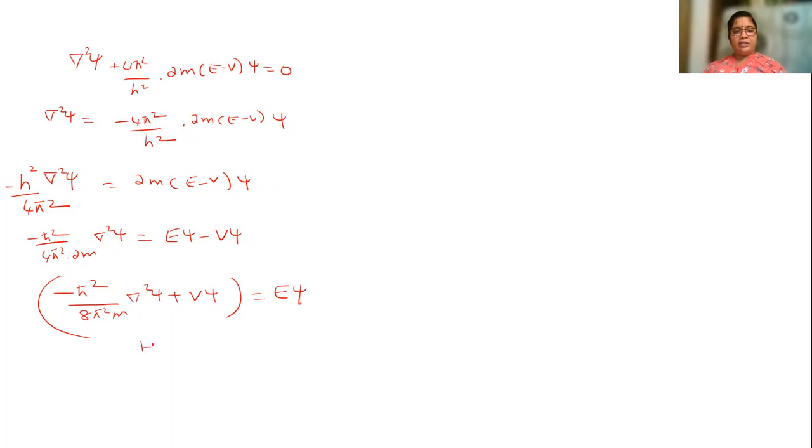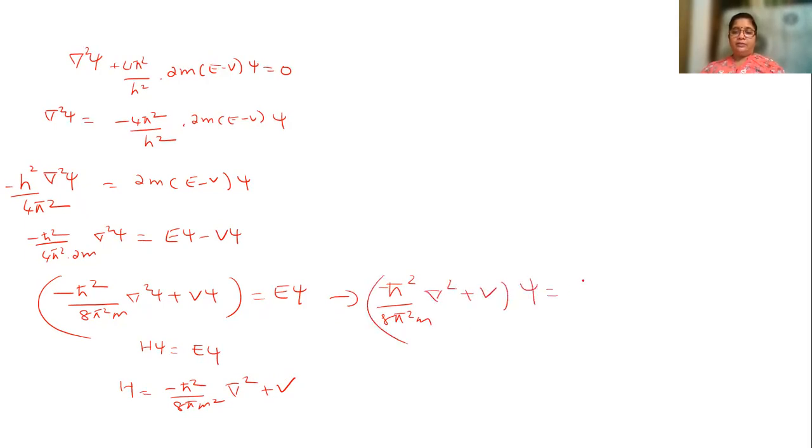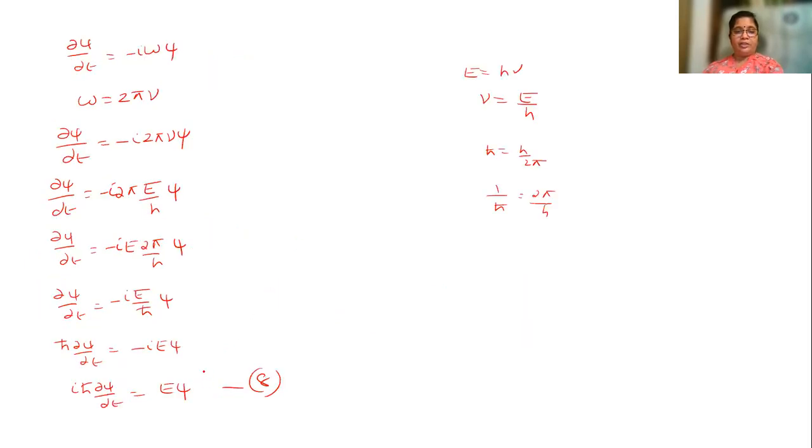I can rewrite this equation as H psi equals E psi, where H is equal to minus h cross square by 8 pi square m del square plus V. So this is equated to H. For E, we already have an expression in equation 3.